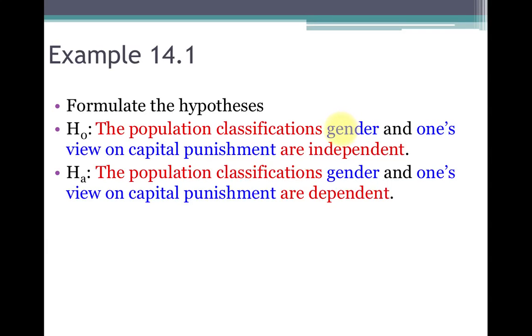If you look ahead at the table on your handout, on the left-hand side where it specifies male and female, it says gender. And then at the top for the columns, it says view on capital punishment. So you can easily come up with the phrasing of the hypotheses by looking at the words used in the table.